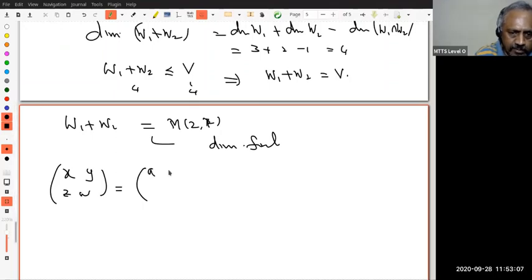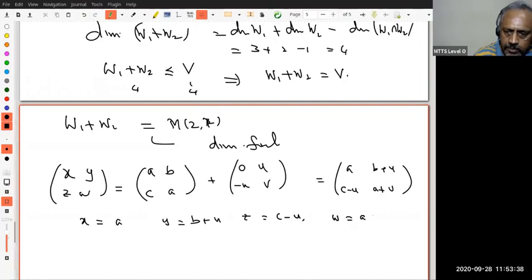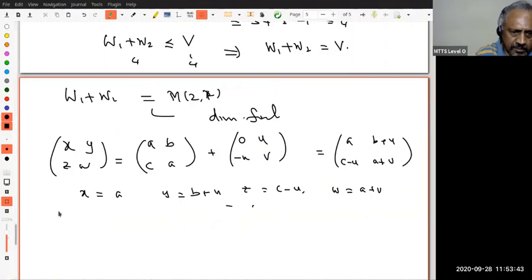That means it should be of the form A, B, C, A plus 0, U, minus U, V. That means I have to solve for x equal to A, y equal to B plus U, z equal to C minus U, and w equal to A plus B. Okay, this can be done. This can be solved.